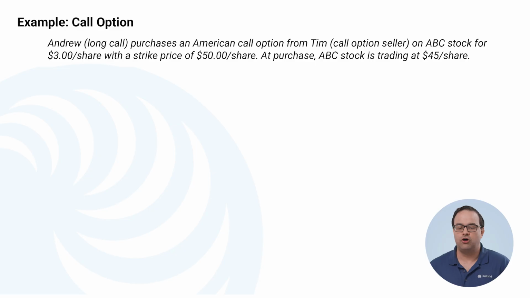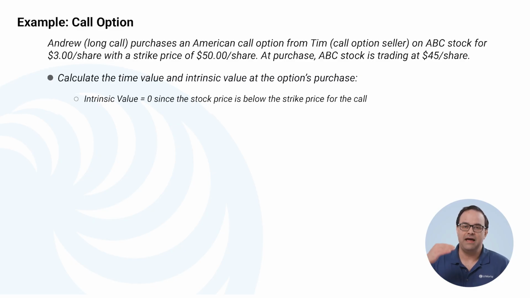In this case, for a call, the strike price is higher than the current price of the shares. So in this scenario, the intrinsic value is going to be 0. It is simply the maximum of 0 or the difference between the price of the stock and the strike price. In this case, since the price is trading below the strike, the intrinsic value is 0.